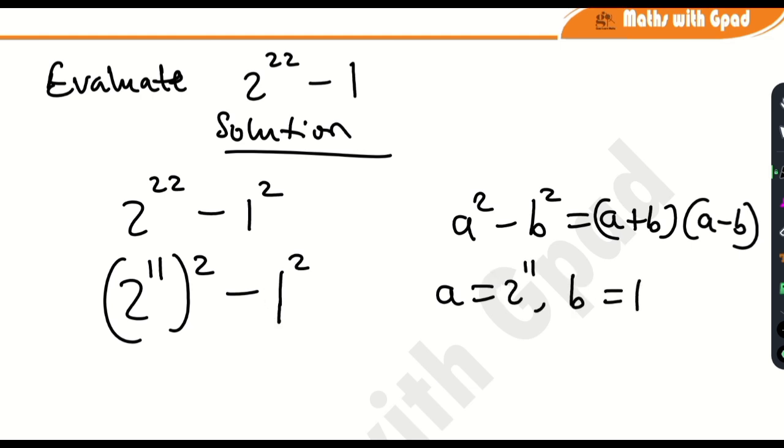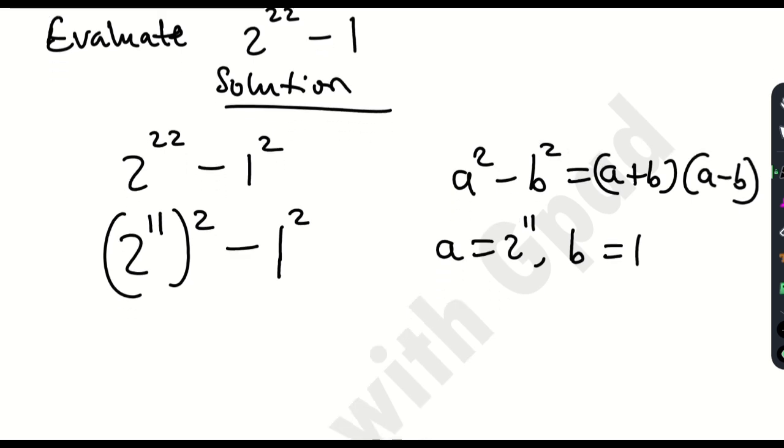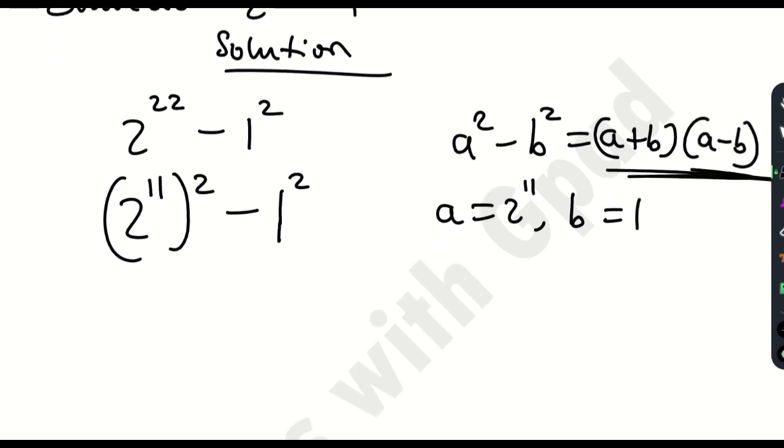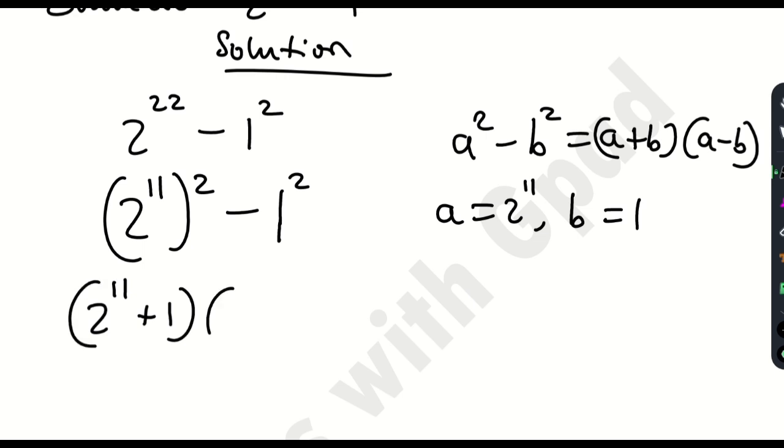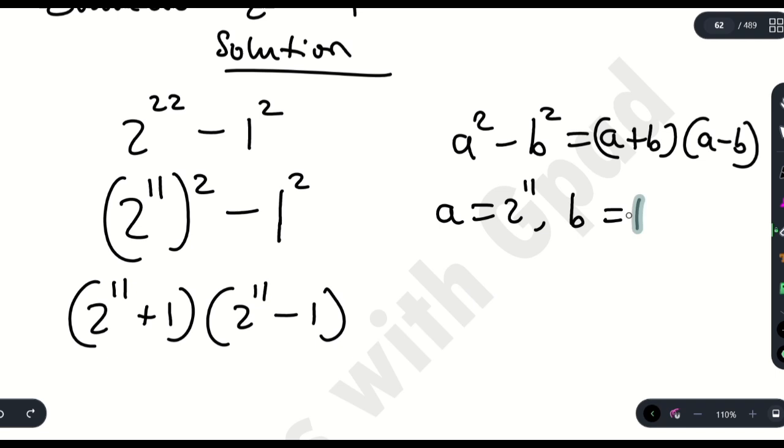So let's have it in this form: a plus b in bracket and then a minus b. So I'm going to have 2 raised to the power 11 plus 1 in bracket, and then 2 raised to the power 11 minus 1. I'm using difference of two squares right here.